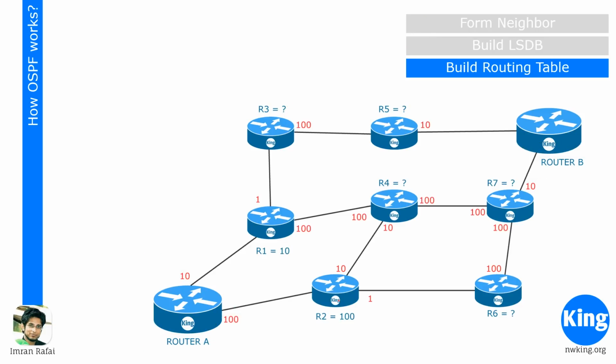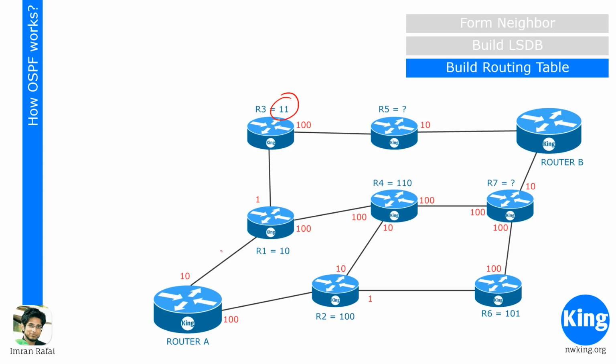From router A to reach router 1, the cost is 10. Router A to router 2, the cost is 100, because this link is 100.